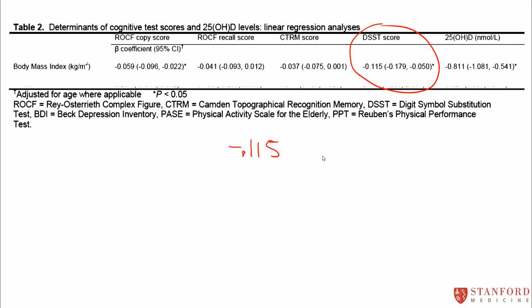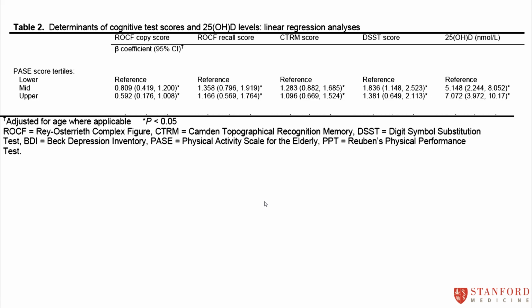So not a huge effect, but it is statistically significant. Vitamin D was also related to BMI. For every 1 unit increase in your BMI, your vitamin D levels go down 0.811 nanomoles per liter on average, and that is statistically significant. So again, BMI could also be a confounder. As your BMI goes up, your vitamin D levels go down, and so does your cognitive function.